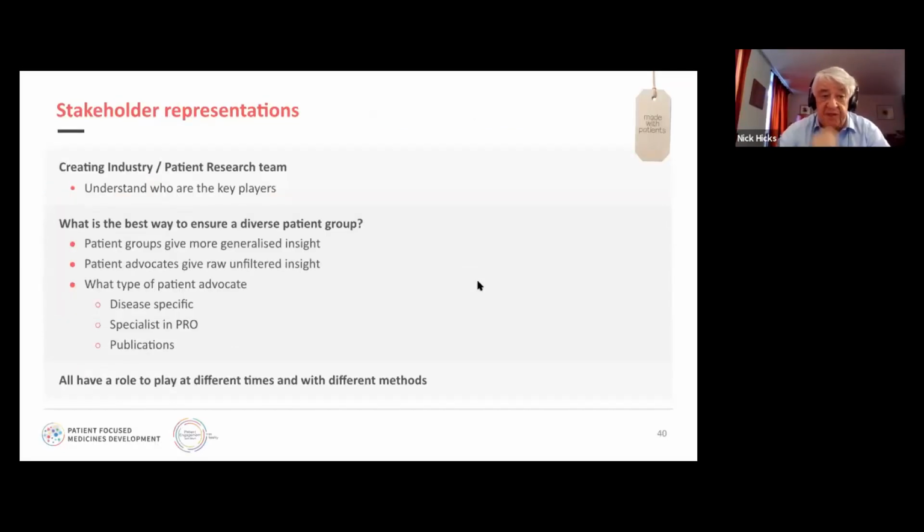Stakeholder representation. Now, this has just been touched on very briefly, but it is very important when you're creating this research team to ensure that you have a diverse mix of people.